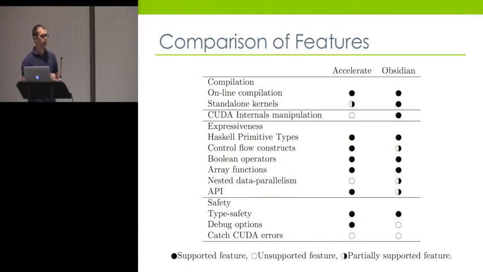So that might influence the decision of some developers. In terms of safety, we have type safety because of Haskell. Accelerate provides some debugging options that are good when dealing with GPU programs, but sadly none of them can catch CUDA errors. So once we are running our CUDA programs, if we have a runtime error, we cannot see that directly reflected in our Haskell program.